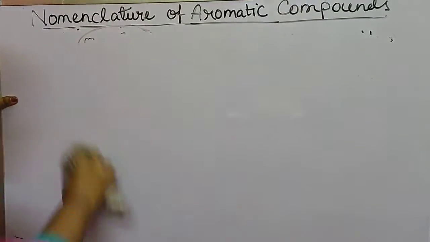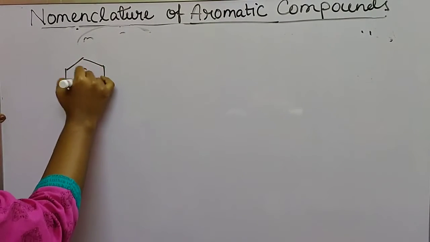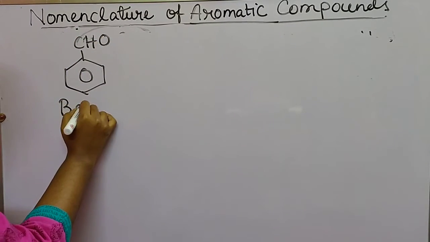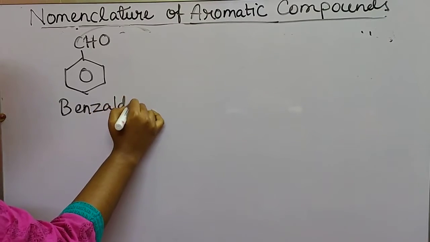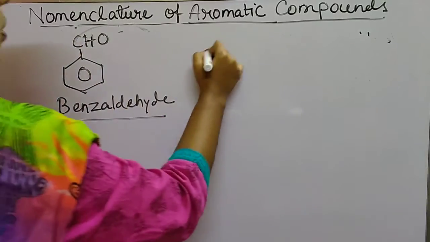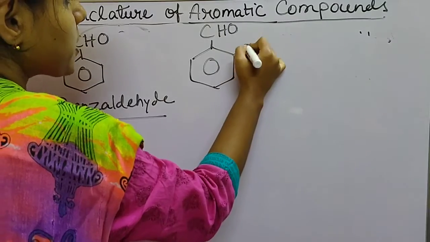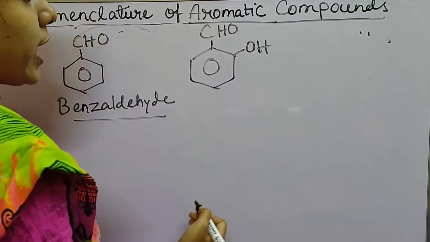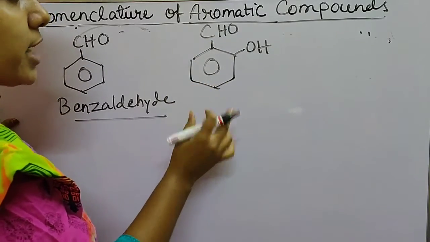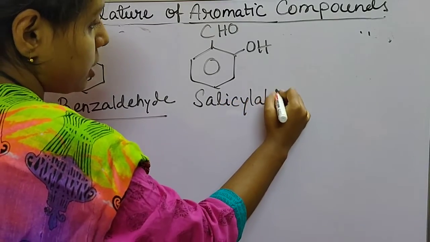Aldehyde means CHO group will be present. So when one CHO group is present with the benzene ring, then it is known as benzaldehyde. Okay. If along with the CHO, one hydroxy group is present at the ortho position, then it will be orthohydroxybenzaldehyde, or the common name is salicylaldehyde.